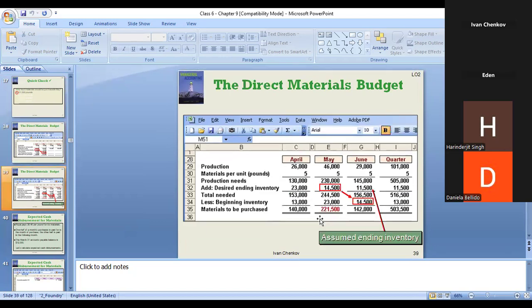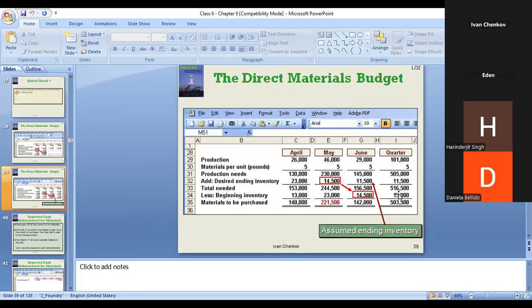And then we're going to prepare the next one for June, and then the last one for the quarter. Again, for the quarter, don't forget, the ending balance in June is the ending balance for the quarter, and the beginning balance of April is the beginning balance for the quarter. Once we get those, life is easy.